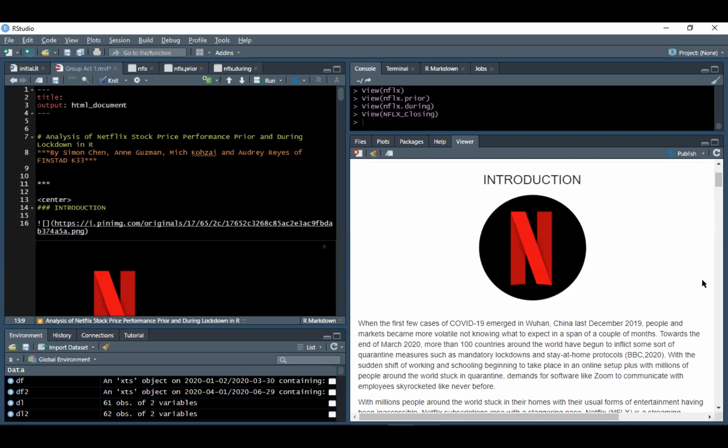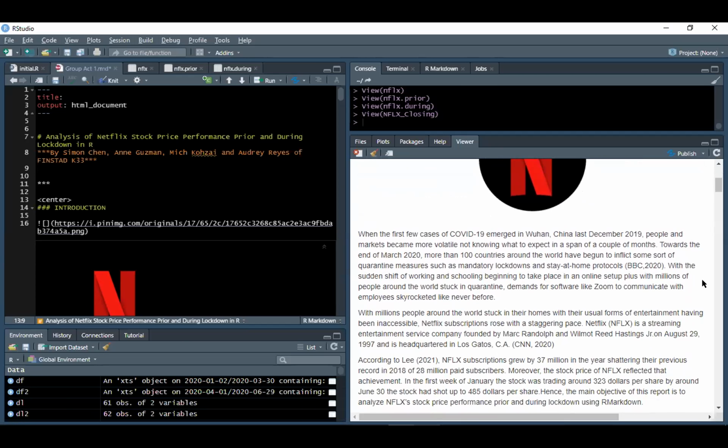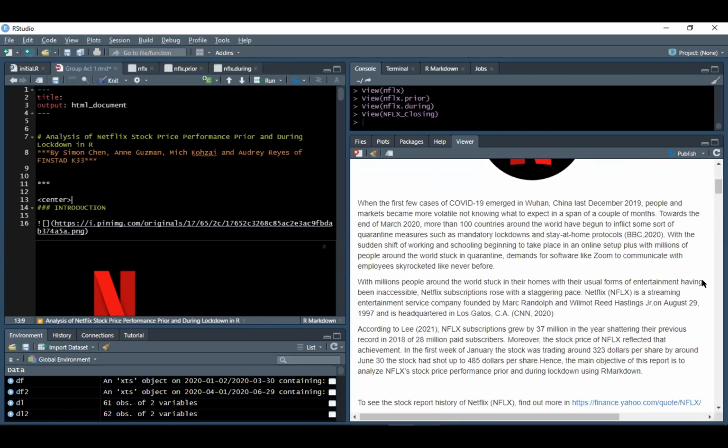But a few companies managed to thrive in these unknown markets. The most famous is obviously Zoom, the software program that we're using right now. When millions of people around the world are stuck in their homes, they lack for the sort of entertainment, and the stock price of Netflix rose because of this. In just last year alone, Netflix subscriptions grew by 37 million in the year, dwarfing their 2018 record.